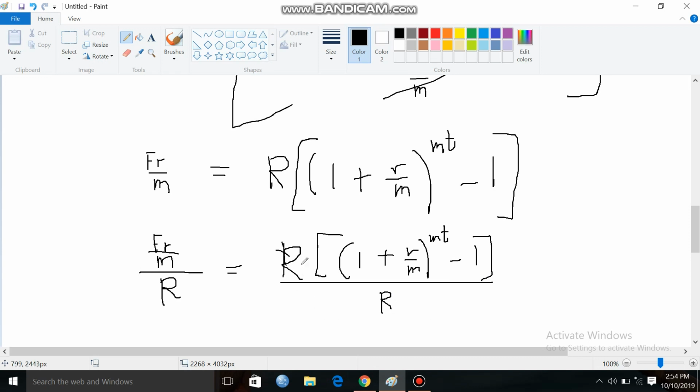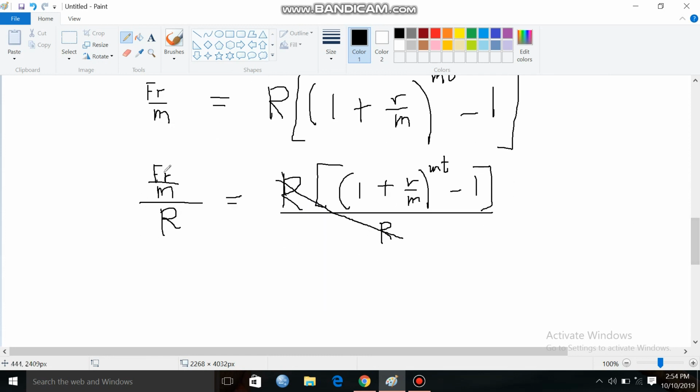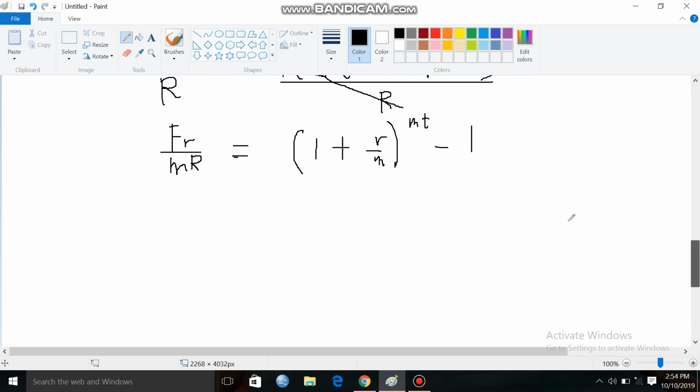Then we cancel out these two R's, so we are left with F r over m, all over R, which is simply Fr over mR, equals this portion, 1 plus r over m to the mt, minus 1. Next, we need to get rid of this negative 1.